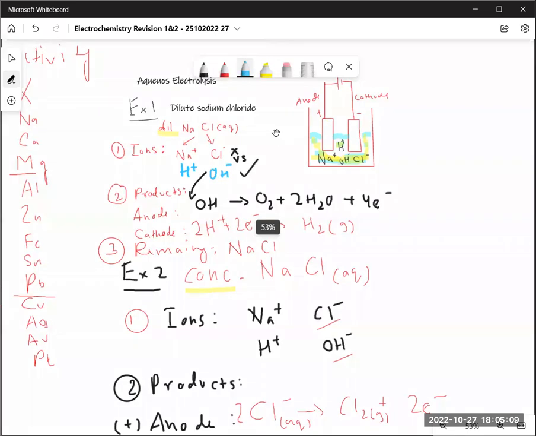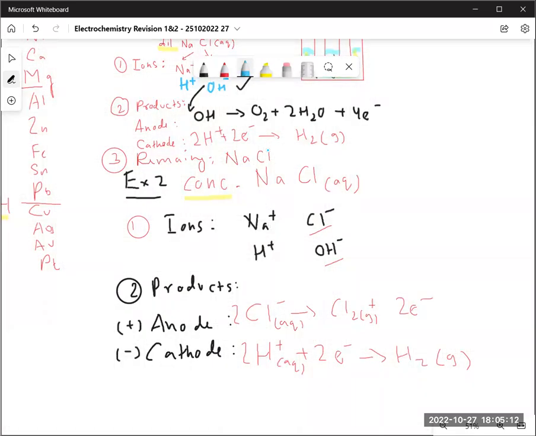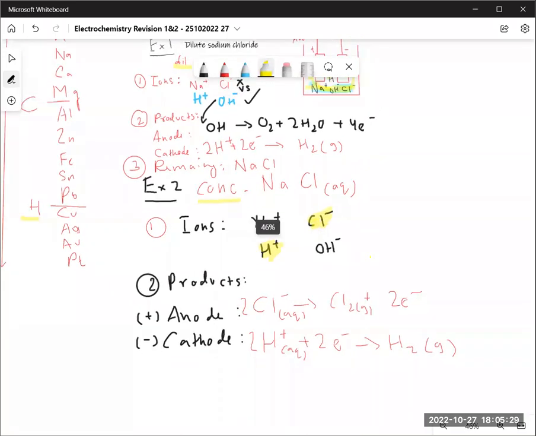Now in this one, Najla, Cl minus is gone away, Cl2 formed at the anode, and H plus has gone away. What is remaining in the solution? Na plus and OH minus.